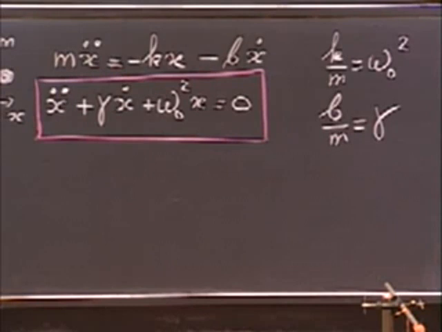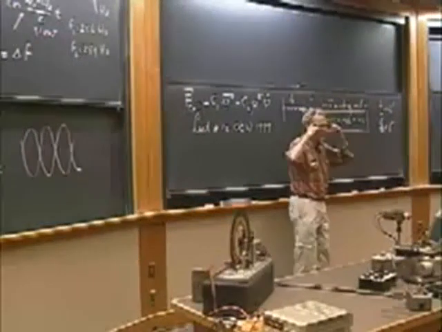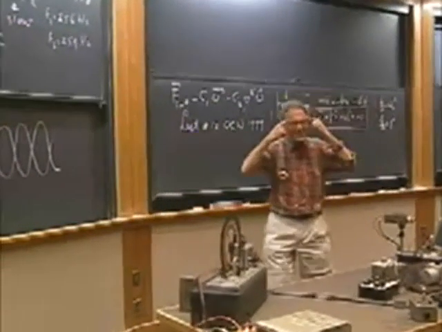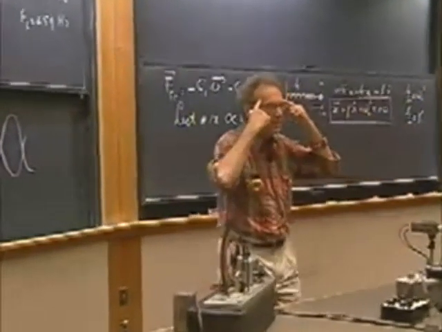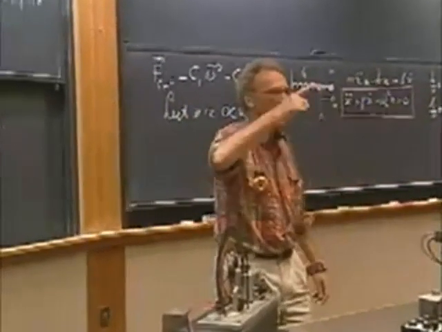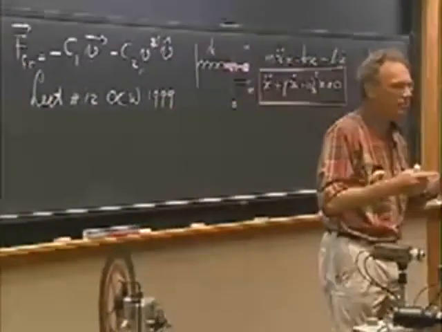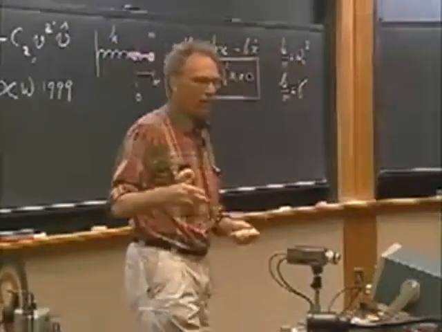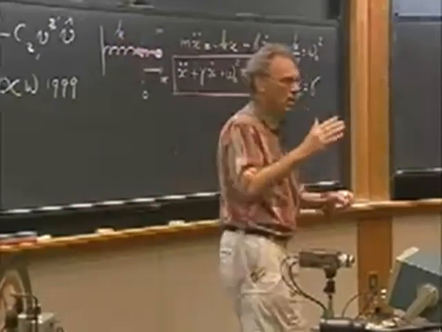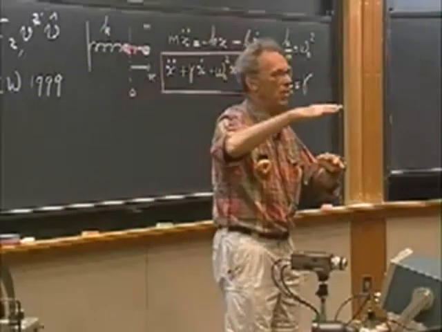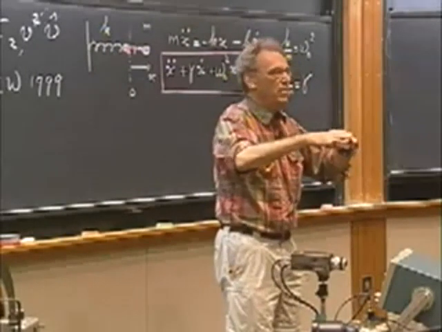Without starting the math, you can sort of in your head see what's going to happen. An oscillation that goes on forever and ever is going to come to a halt. So instead of a nice cosine that continues, the cosine will gradually decay away. And then this thing will stop.